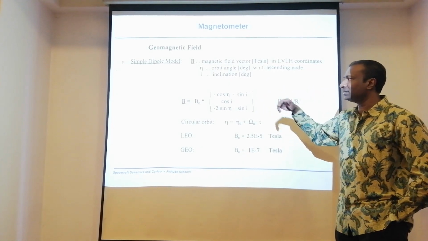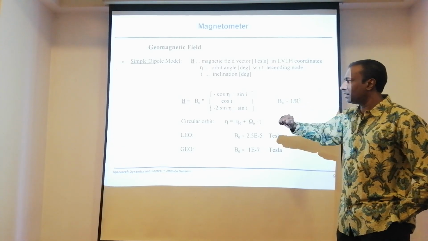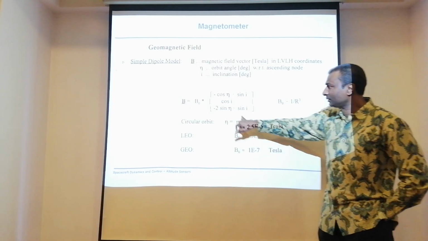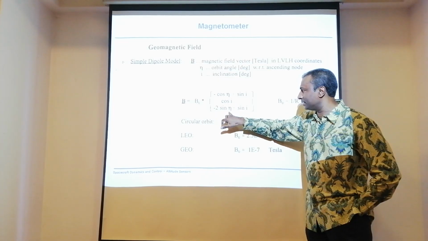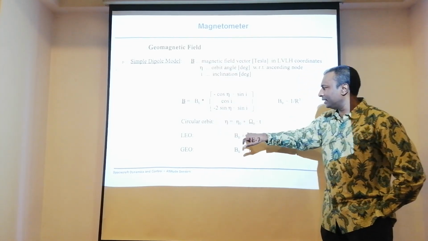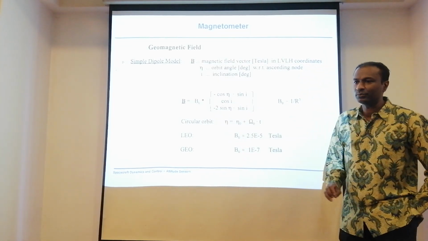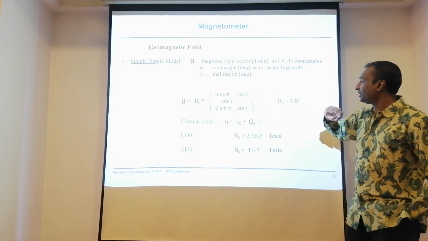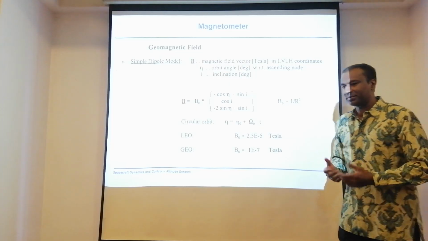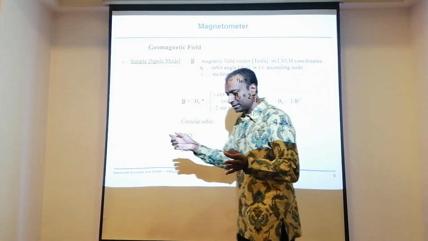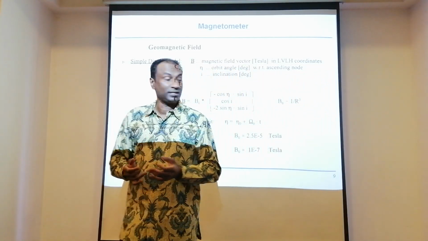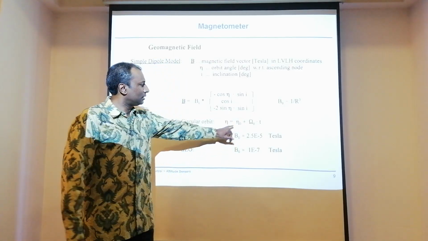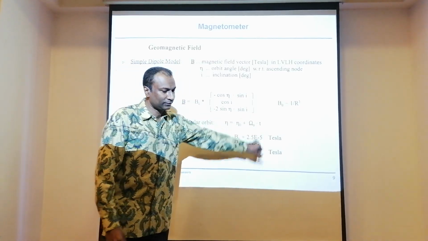So it's a simple dipole model. Theta basically is shown here. In this case, for a simple calculation, theta is basically an orbit angle with respect to the ascending node. So for a start, you can assume that it's exactly at zero. When it's zero, then you will have the orbital frequency only.